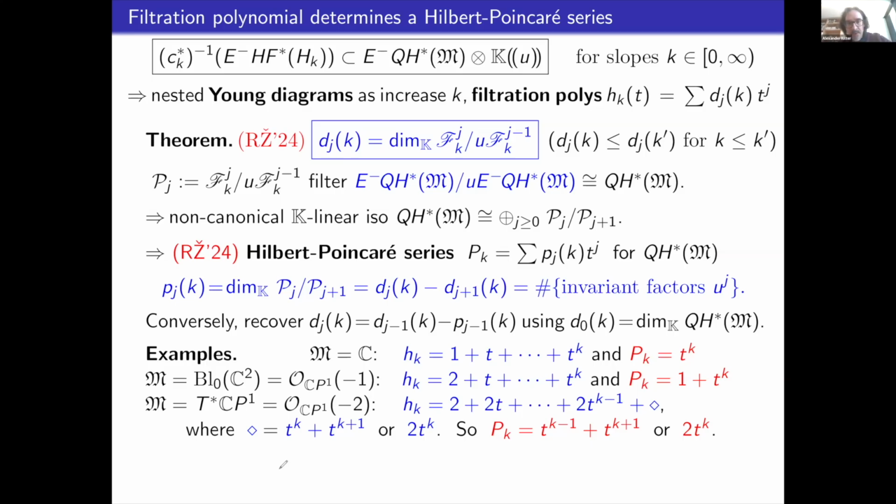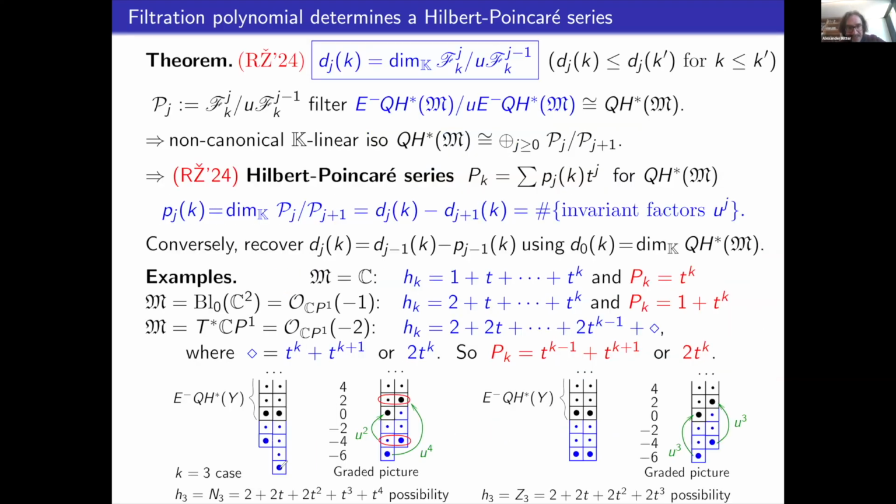Okay, so I'm already slightly out of time. I think this was the last slide. So here I just drew for you the last picture, which shows you how this T star CP1 case is non-trivial. Here you see the cohomology of CP1, two-dimensional, and you see the blue classes growing.